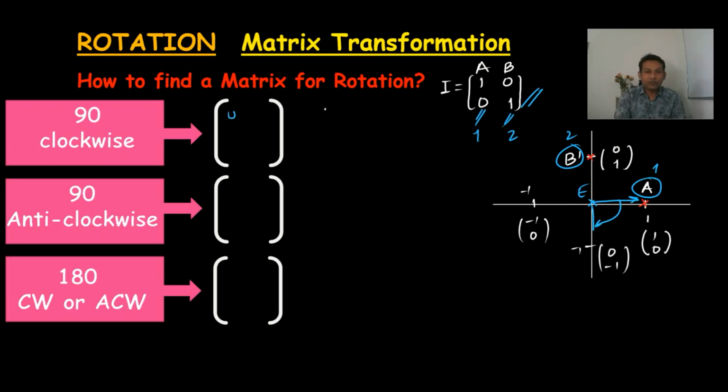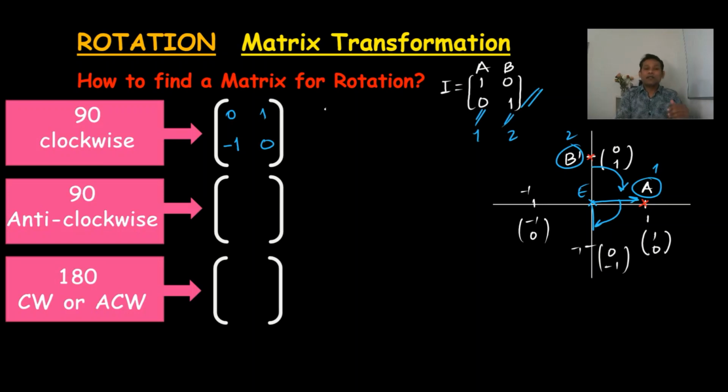That is our first image from the 90-degree clockwise rotation. Now we move B, 0 1. When I move it 90 degrees clockwise, it becomes 1 and 0. This is the way we get the matrix for 90 degrees clockwise.